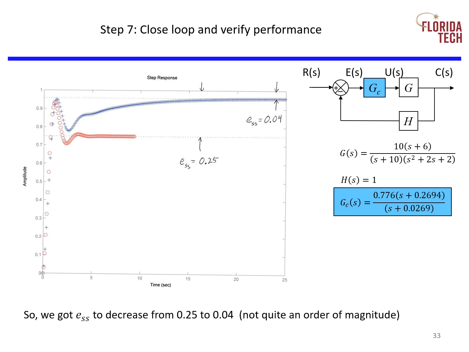We see the compensated or controlled system has a lower steady state error, 4% compared to 25%. We didn't get the full order of magnitude improvement, but we did much better. So you could rerun the design with a larger beta. And the blue system is hard to see, but it is slightly slower than the original red system. So that was the price we had to pay to get lower steady state error.